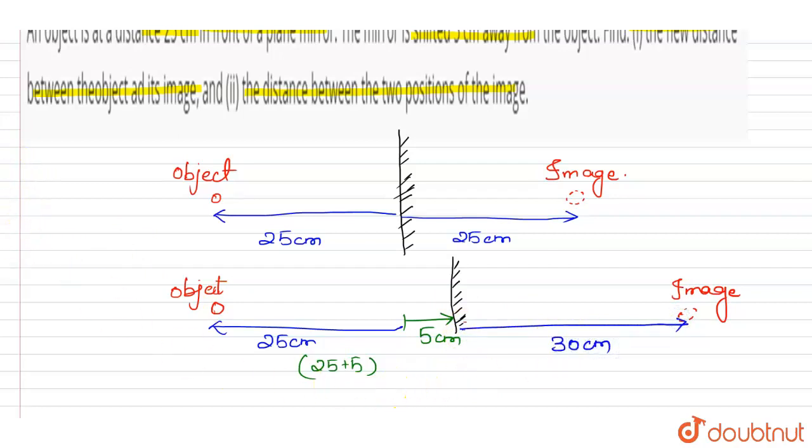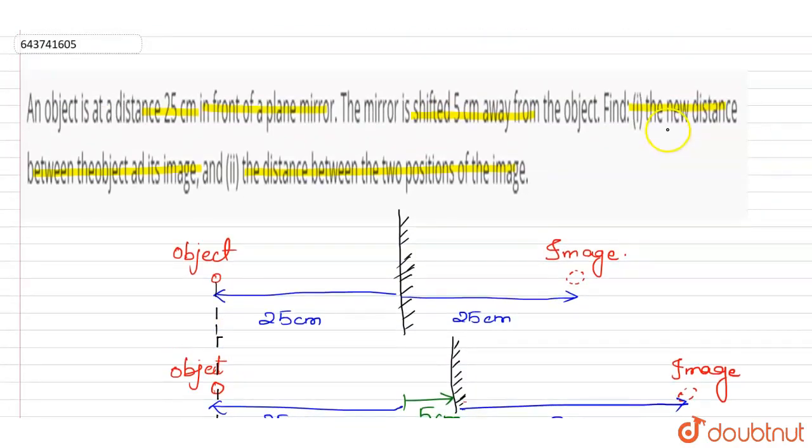Now the first part of this question: find the new distance between the object and its image.